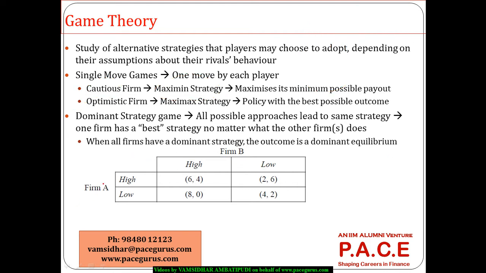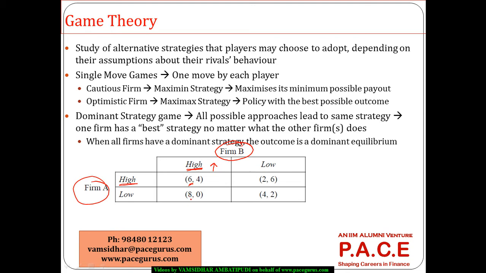Let me explain it. Now let's say there is a firm A and firm B. They are trying to evaluate. Look at it from firm B's perspective. If firm B sets a high price, the payoff for firm A, if it sets a high price, is $6.